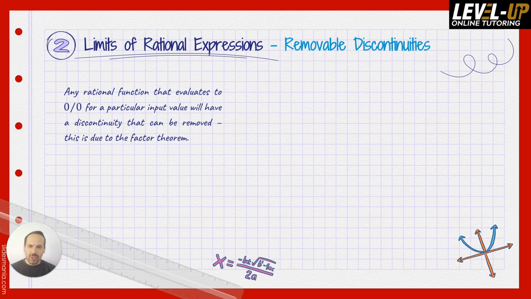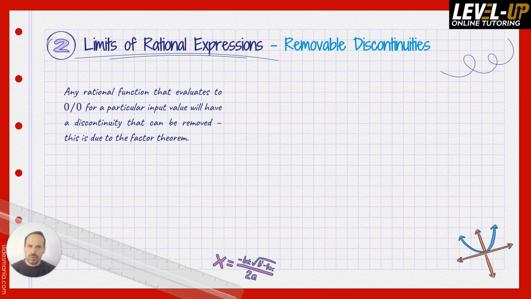So how do we identify when there's a discontinuity that can be removed? We're always going to get that whenever we have a rational expression that evaluates to 0 over 0 for a particular input value, which is obviously an undefined value, but it can be removed due to the factor theorem.